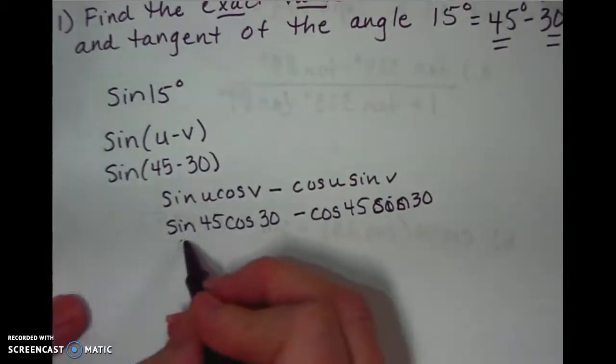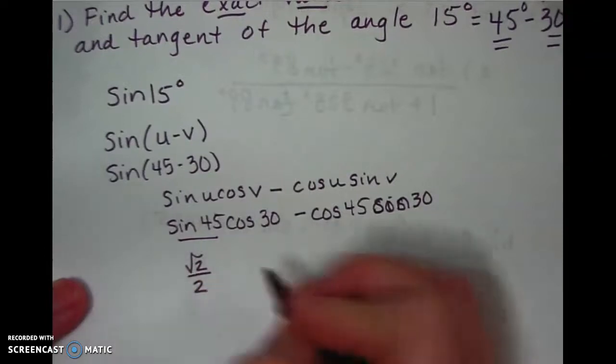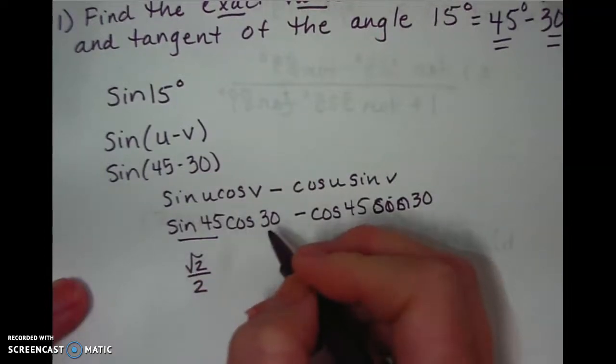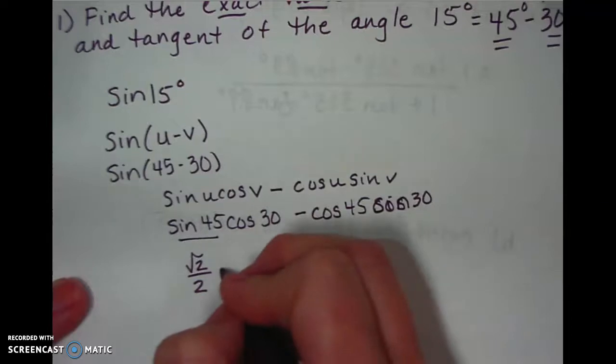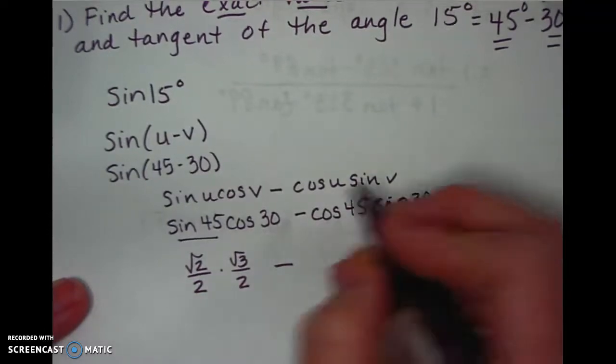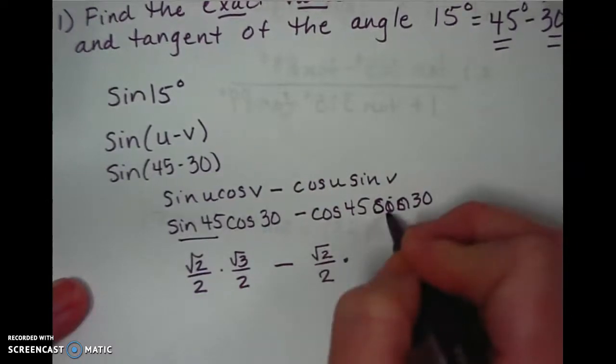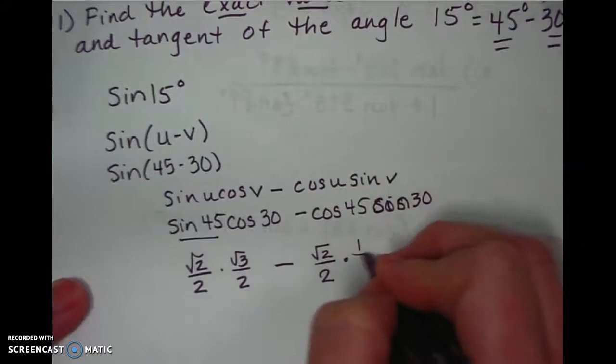The sine at 45 degrees we know is square root of 2 over 2. The cosine at 30 degrees is square root of 3 over 2. Minus the cosine at 45 degrees, which is square root of 2 over 2, and the sine at 30 degrees is 1/2.